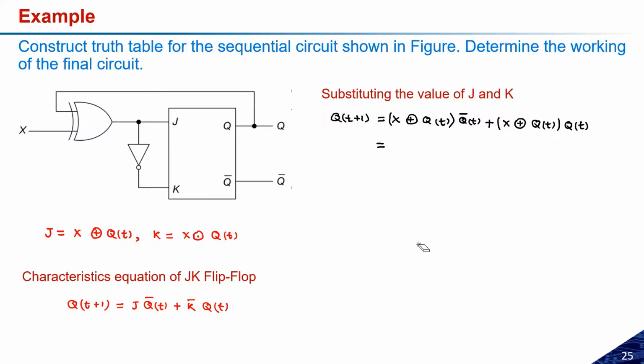If I simplify it here, X XOR Qt is common to both terms, and I get Qt bar plus Qt, which gives logic 1.